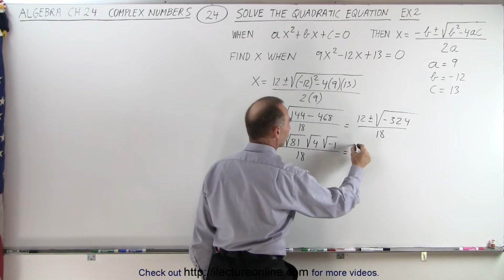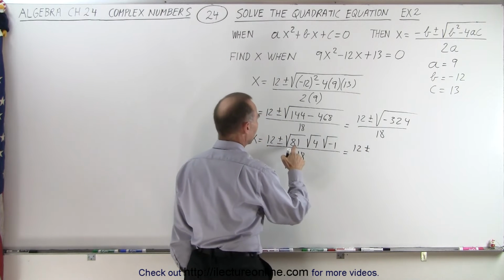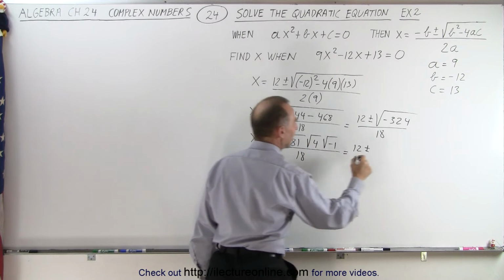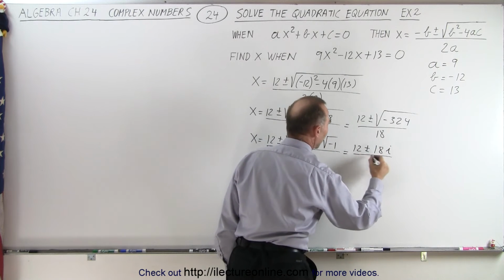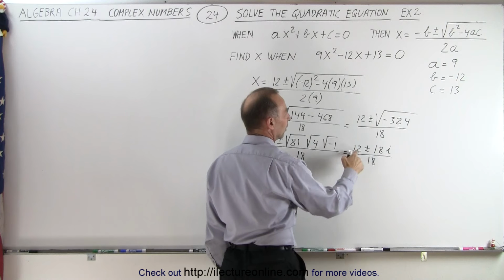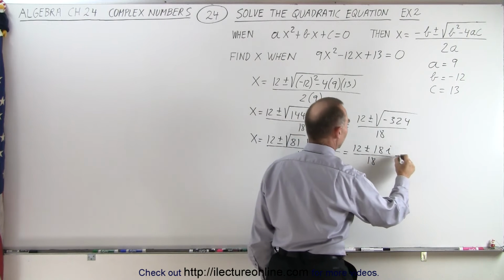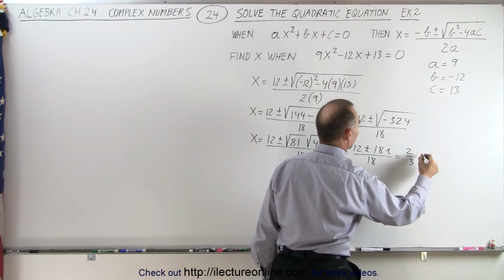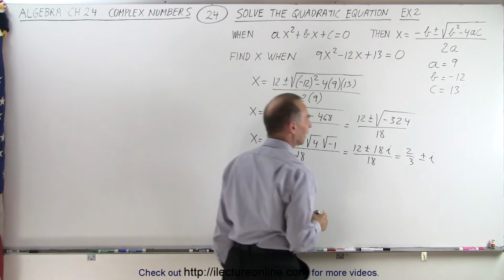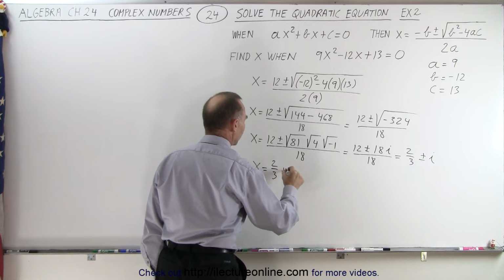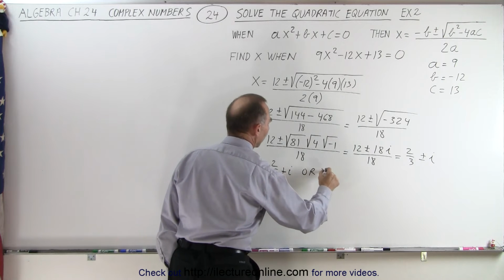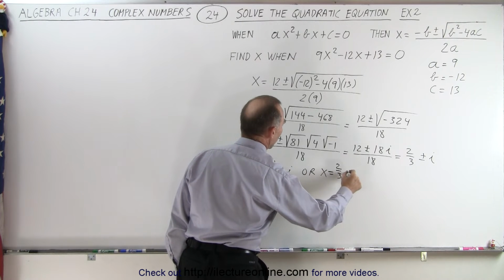Which is equal to 12 plus or minus 9 times 2, which is 18 times i, because the square root of negative 1 is i, all divided by 18. And 12 divided by 18 is 2/3, so this is equal to 2/3 plus or minus i. And that means that x equals 2/3 plus i, or x equals 2/3 minus i.